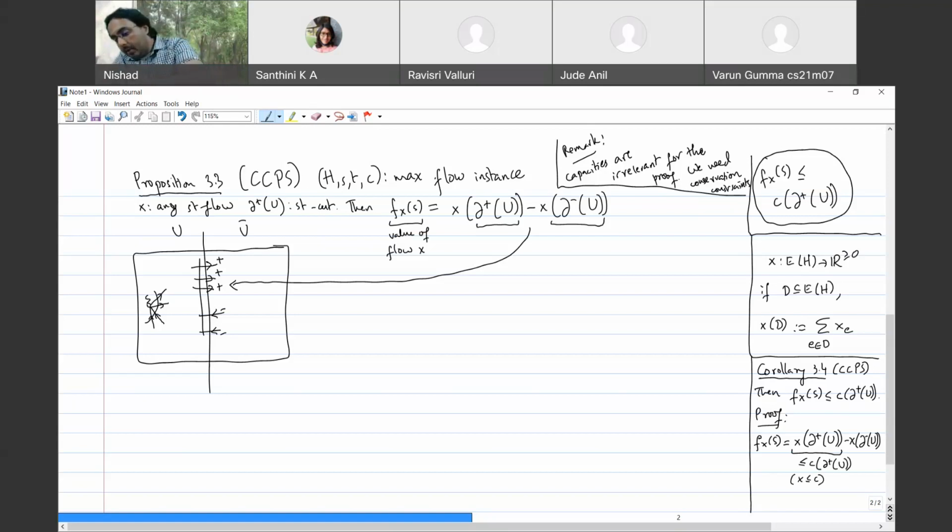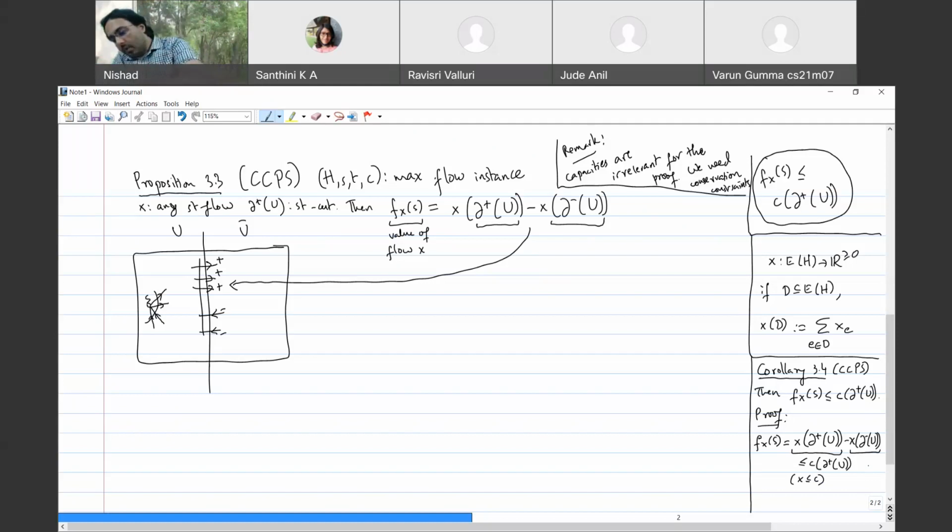And what can we say about the thing we are subtracting? Non-negative, right? What we are subtracting is non-negative because the capacity constraint is 0 less than or equal to x less than or equal to c.